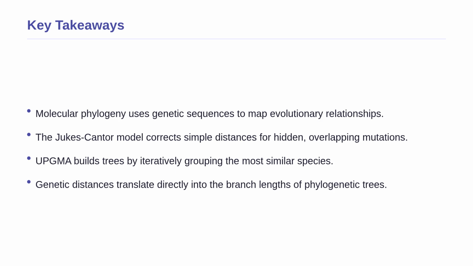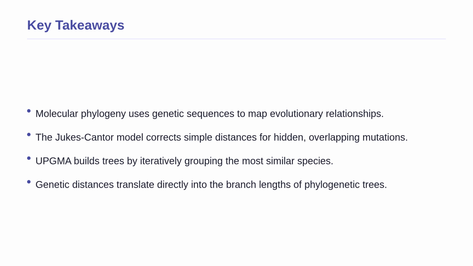We have covered a lot of ground today, so let us summarize the most important ideas. First, molecular phylogeny allows us to read the history of life written directly in our DNA and protein sequences, providing a much more accurate picture than physical traits alone.